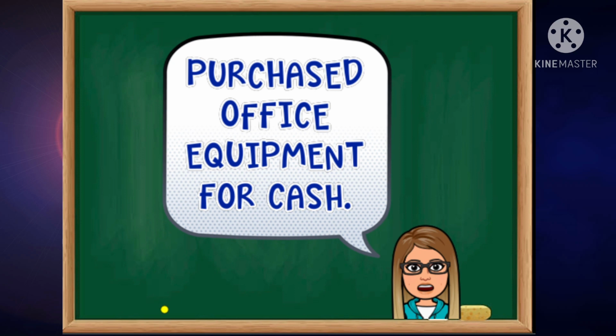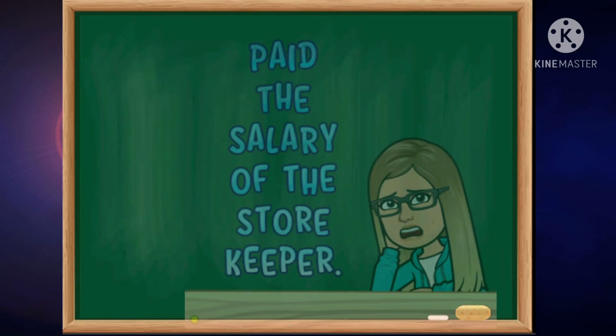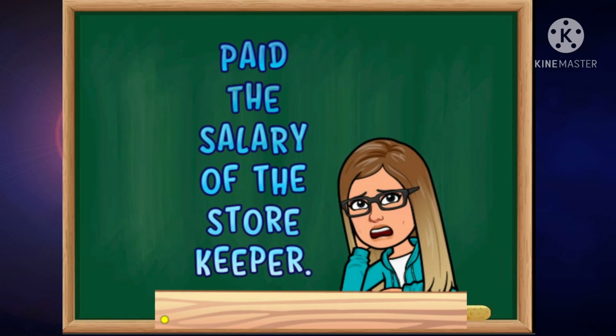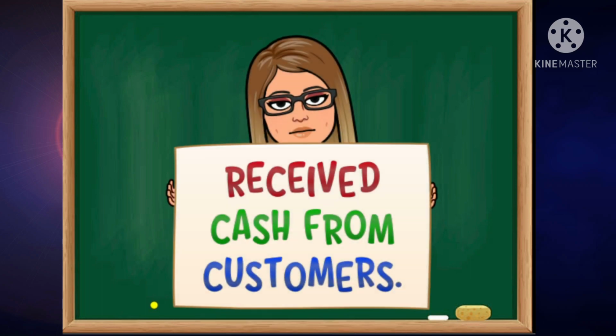And our first sentence is, purchased office equipment for cash. And our verb is purchased. Very good. Next, pay the salary of the storekeeper. Paid is correct. Nice. Our fourth sentence, receive cash from customers.